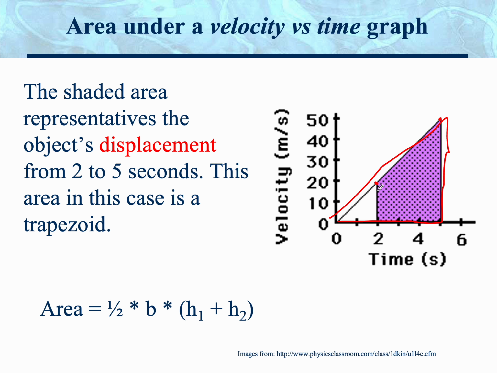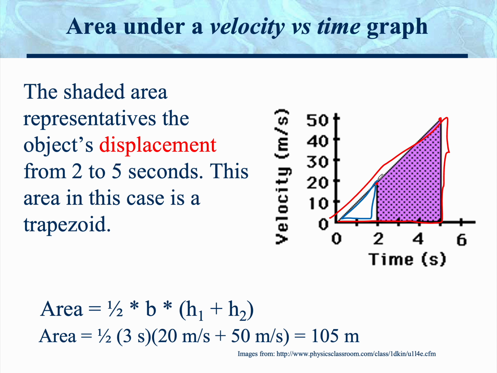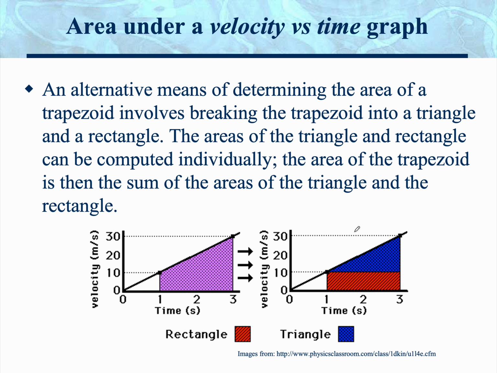Either way will work. You know the rule for the area of a triangle, so you can easily solve it. In this particular case, if you use the top equation, the displacement here, or the total distance traveled, will be 150 meters. You'd also get the same answer if you did the subtraction of the two triangles.